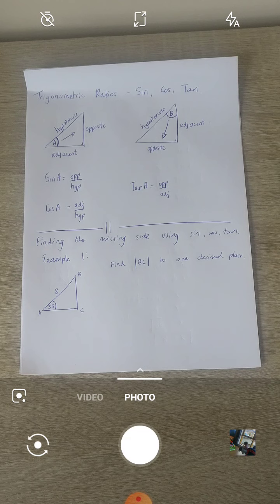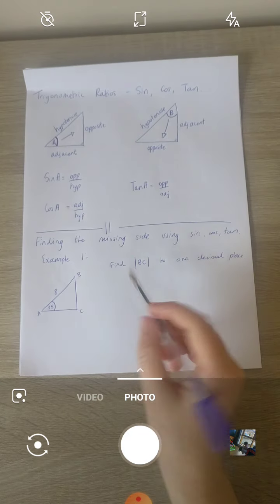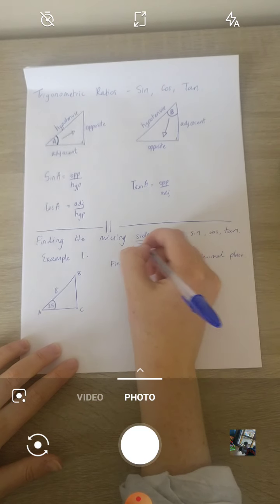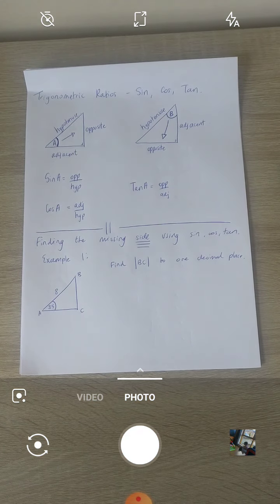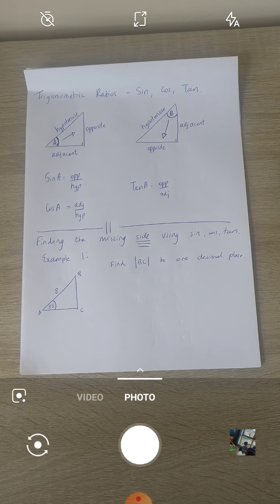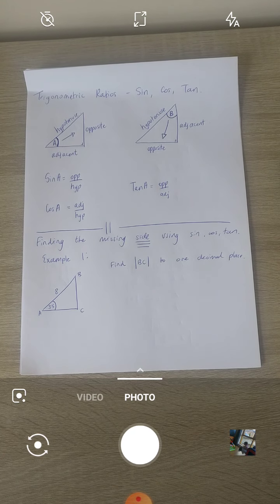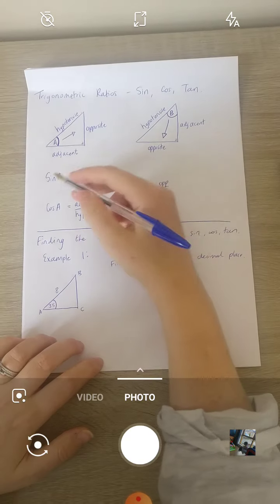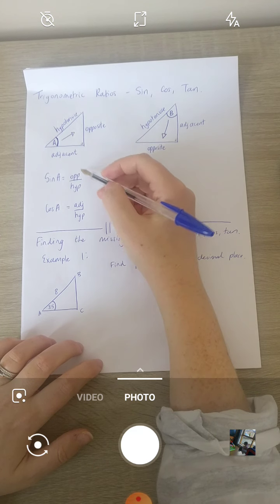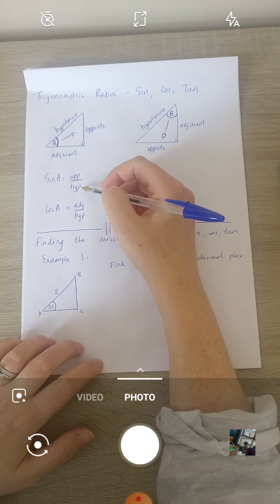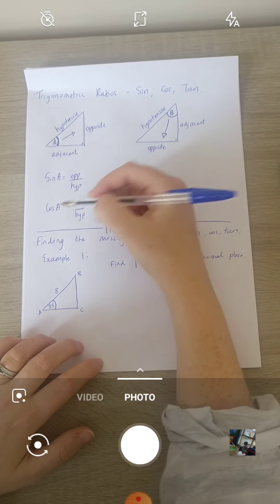There's going to be different types of questions here. So first of all, we're going to look at finding the missing side using sine, cos and tan. And then later we look at finding the missing angles using sine, cos and tan. So sine of the angle is when we have the opposite and the hypotenuse.